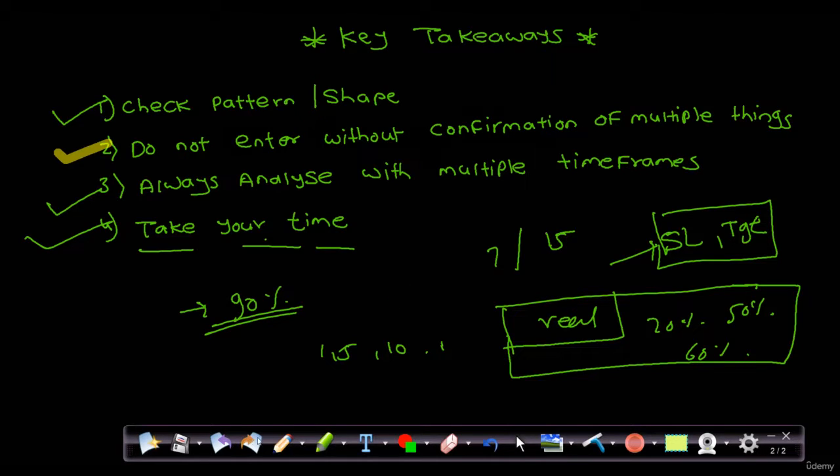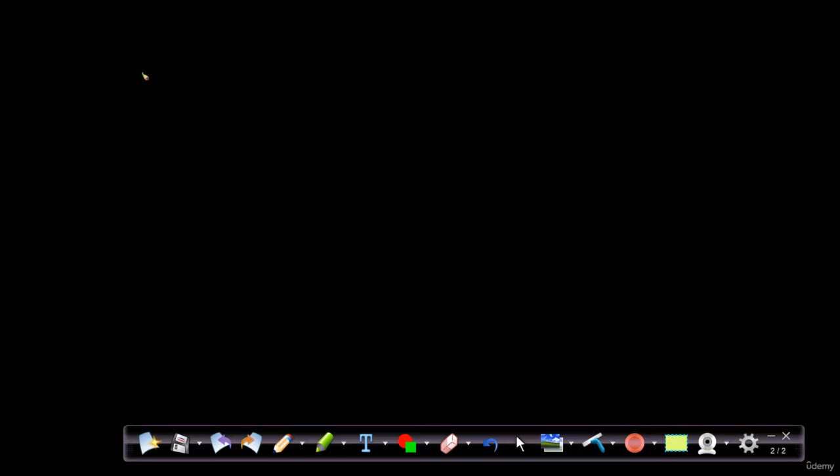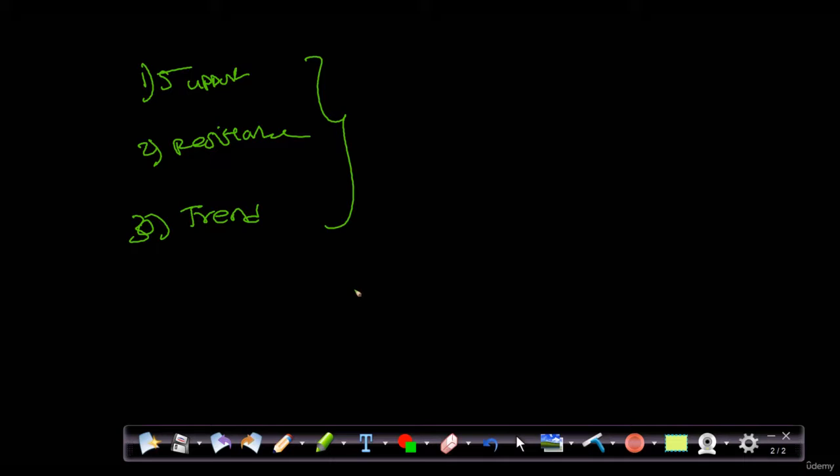Now, in the next section, we are covering the most important part: first is support, then second is resistance, then third is trends, and how to draw support, resistance and trend lines, and how to use candlestick plus support or resistance and the trend line breakout.